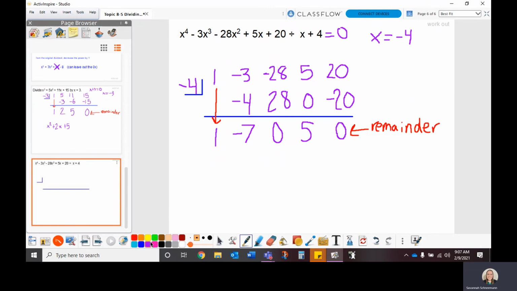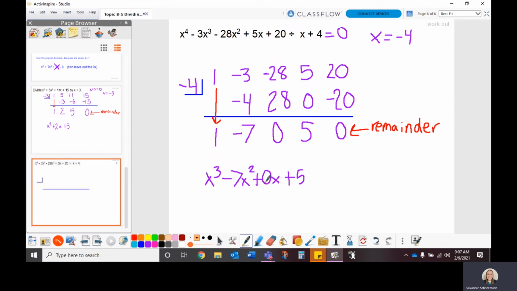All right, so our original dividend, its highest power was 4, which means when we subtract that by 1, our answer is going to start with x cubed. So we're going to have a 1x cubed minus 7x squared, and then it's going to be plus 0x, and then plus 5.